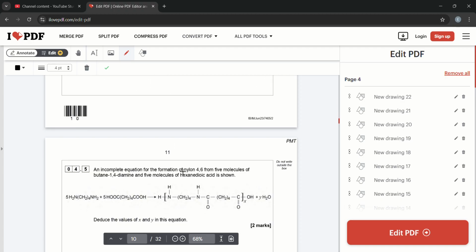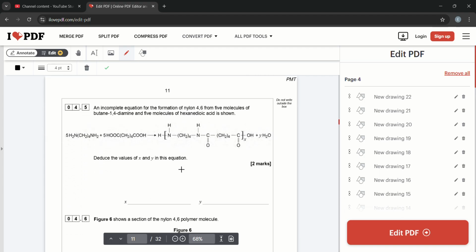And that's it. 4.5, an incomplete equation for the formation of nylon 4,6 from 5 molecules of butane-1,4-diamine and 5 molecules of hexanedioic acid is shown. Deduce the values of x and y in this equation. Okay.